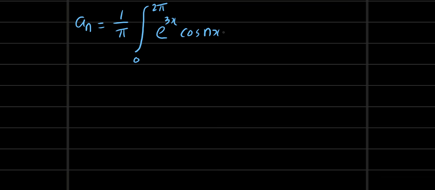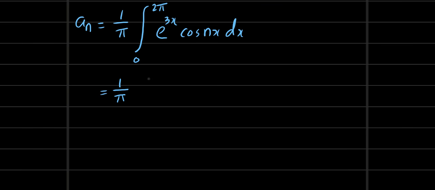Now the next thing, an. So an will be 1 by pi integral, of course, the given limit, and the function e to the power 3x and cos n pi x by l, which reduces to cos nx. Okay, now look at this. I already gave you the formula in the beginning. You can check it out.